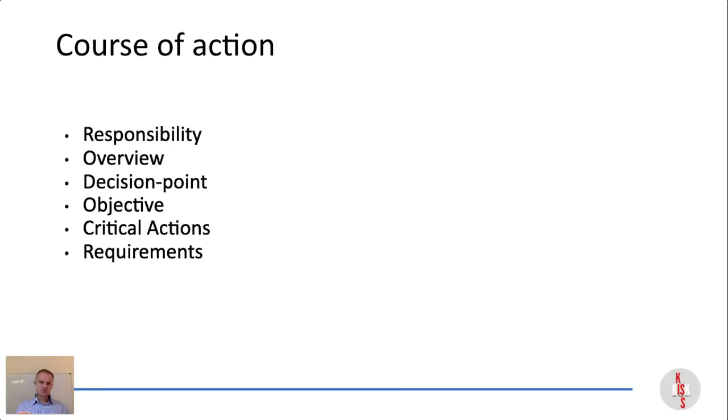When we get to decision points, I'm going to come to those in a moment, but the decision point is essentially at what stage do you need to decide to take that action, to trigger that course of action. And that's not a complicated thing, but it needs a little bit of thought. So I'm going to come back to those in a moment. But you have to specify the decision point for that course of action, clarify the objective, and then have the critical actions.